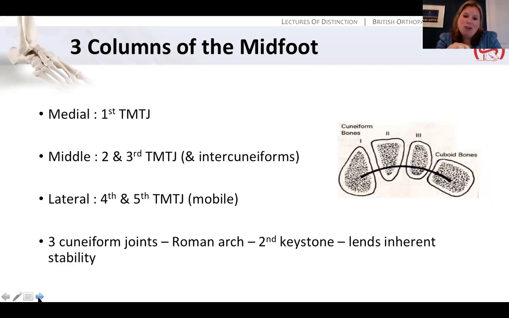And the lateral column includes the fourth and fifth tarsometatarsal joints, which are very mobile relative to the fixed midfoot. The three cuneiform joints, as you can see in the picture here, we always talk about this in relation to Lisfranc injuries. The three cuneiform bones and joints form this Roman arch, and the second is the keystone. That essentially leads to inherent stability within the midfoot, and it's key to the function and stability of that midfoot, which we'll talk about in a minute when we go into biomechanics.